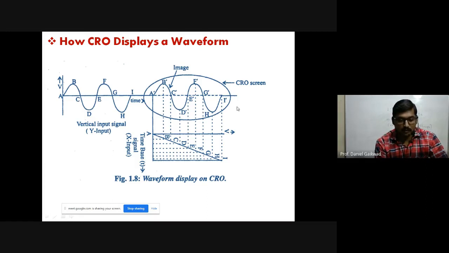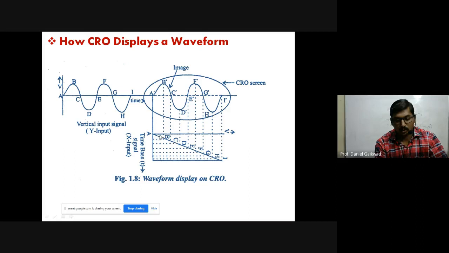Check carefully. Here we have the vertical signal, and here the horizontal time-base signal. We have written the time-base signal as X and the vertical input signal as Y. The time-base signal begins at, suppose, point A. Here is voltage and here is time.